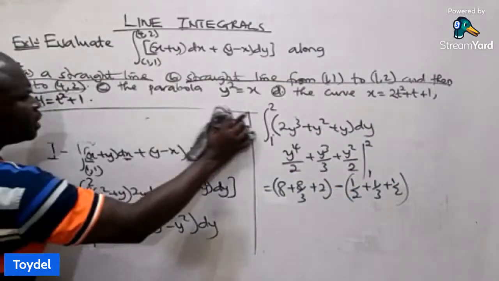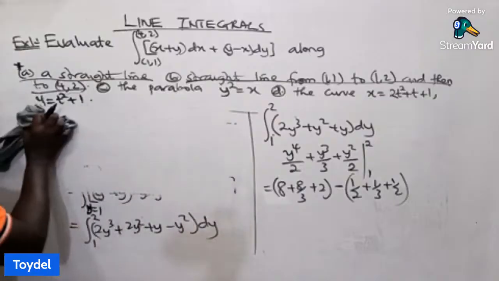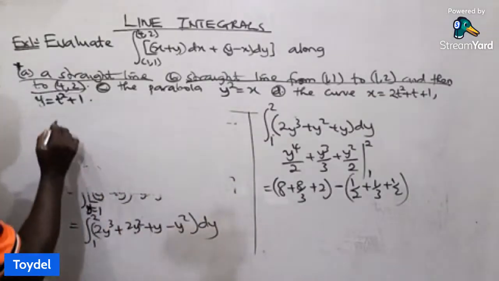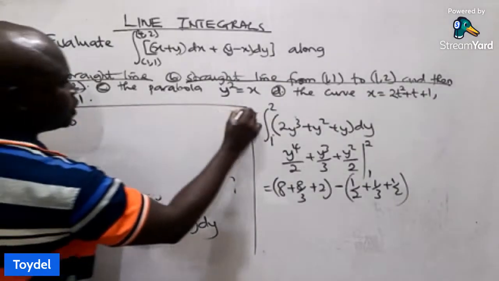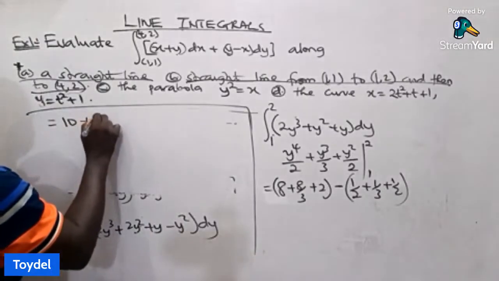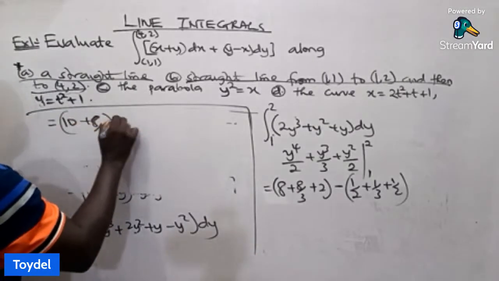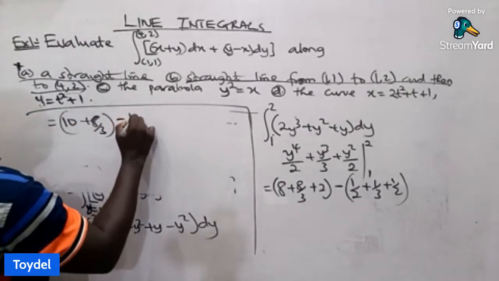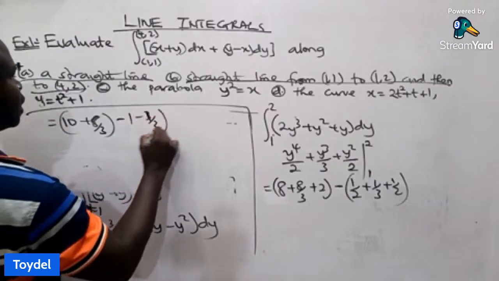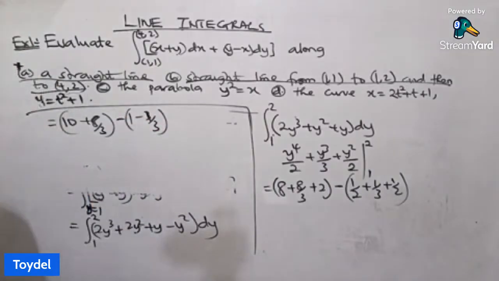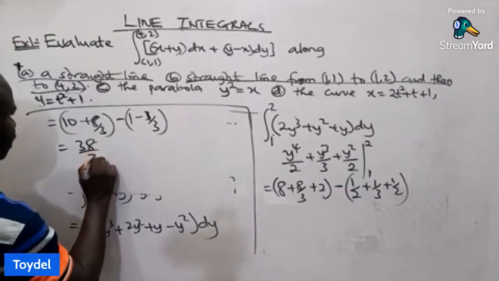So from there, this will be 10, then 10 plus 8 over 3, minus 1 plus 1 over 3. So what is 10 plus 8 over 3? That will be 38 all over 3.